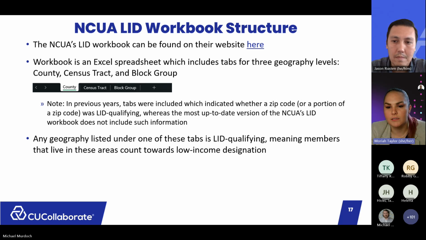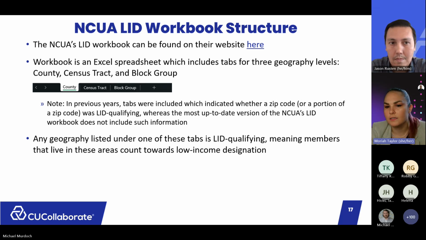One thing to note here is that in previous years, there were tabs which included information on zip code qualifications, but the most up-to-date version of the LID workbook does not have that. The purpose of the NCUA LID area workbook is to assist credit unions in identifying low-income populations and to increase their outreach efforts to those communities.